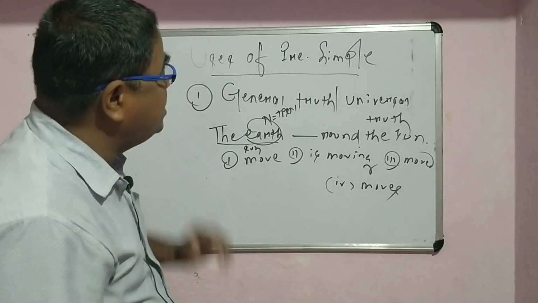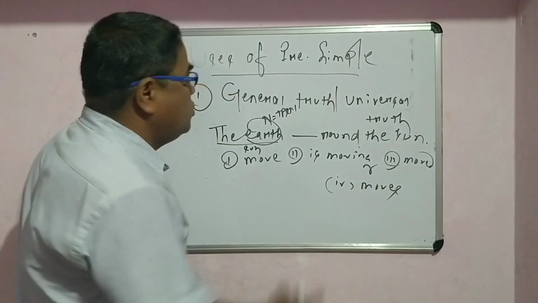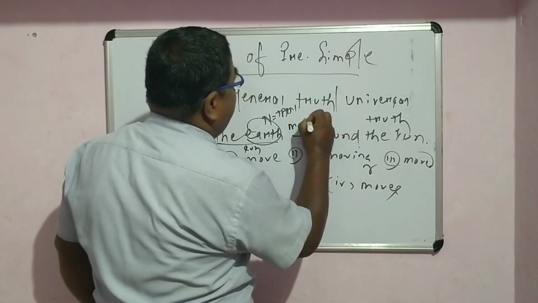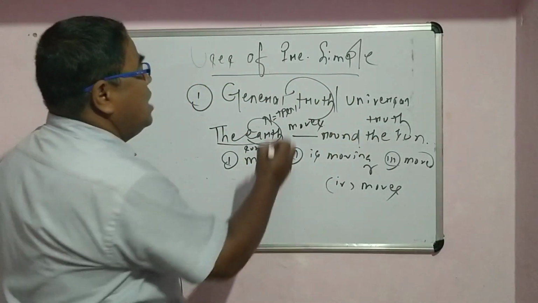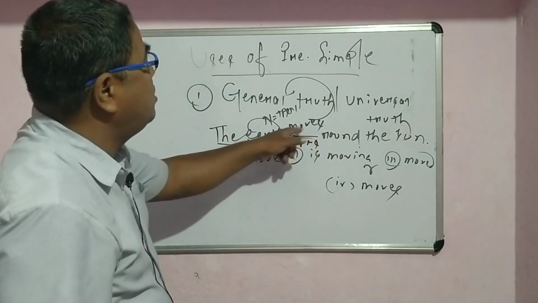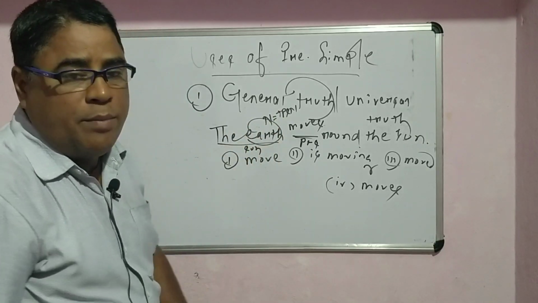So as per third person singular number, we simply add s or es. So your choice is four, that means moves. And here moves refers to general truth. The entire sentence refers to general truth, and moves is the present simple. On the underline, you can write PRS or present simple. S is added because earth is in third person singular number.